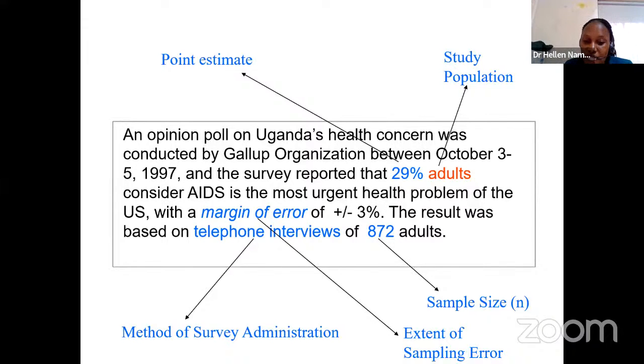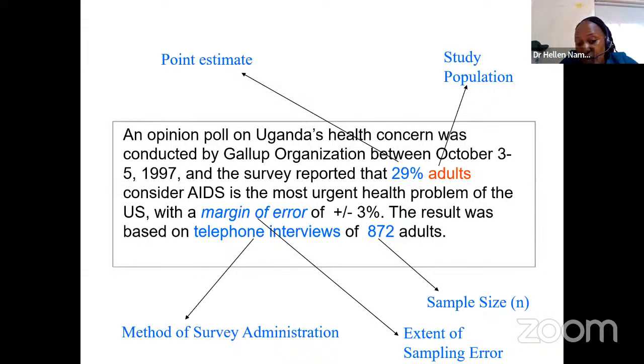These were telephone interviews, and our sample size was 872. The point is about the margin of error, or the sampling error, that you expect by the end of the day. We say that it has to be as small as possible. In this particular survey, they took it as plus or minus 3%. But most of the time in published literature, the cutoff point is plus or minus 5%.